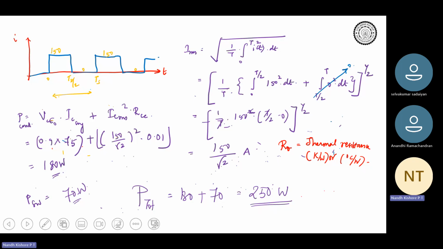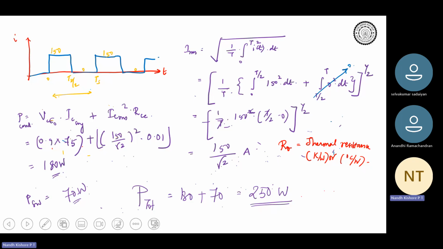Let's say I have a device and I'm not operating it at all. Will there be any heat loss? No, right? So why is this heat loss happening? What is causing this heat?